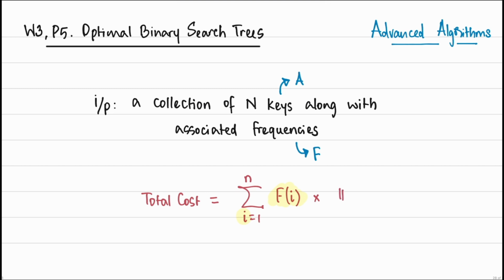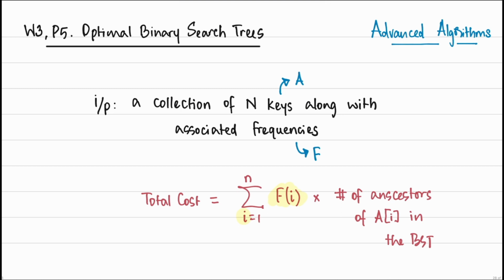That's essentially the number of ancestors. So this is basically how much you need to climb down in the tree to be able to find the key. That's the number of steps you need for discovering the key, but you have to do this f of i many times. That's the frequency associated with that key. So the total cost is basically the cost of discovery weighted by the frequency of access.